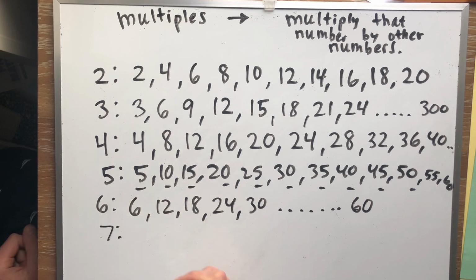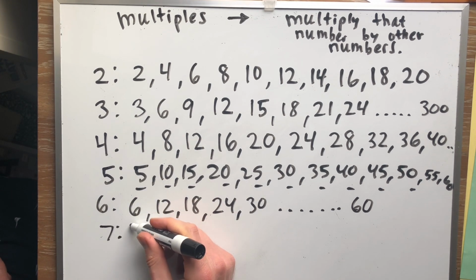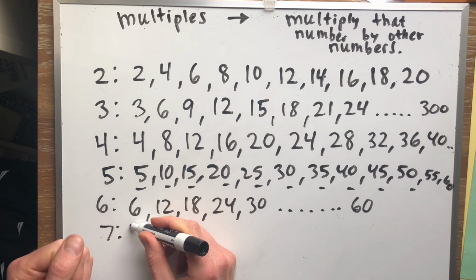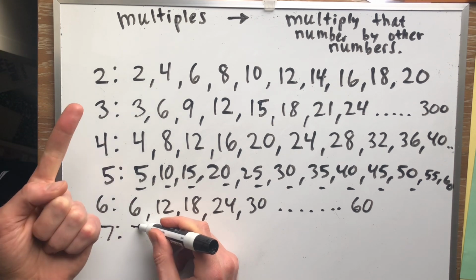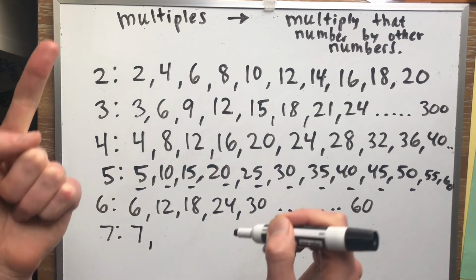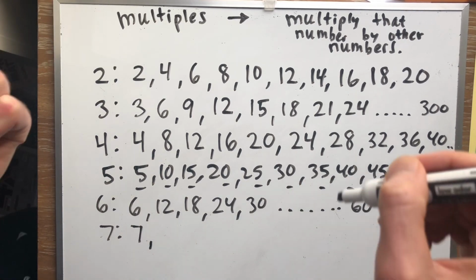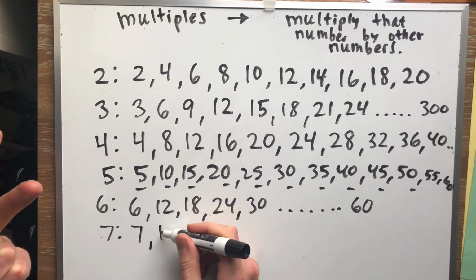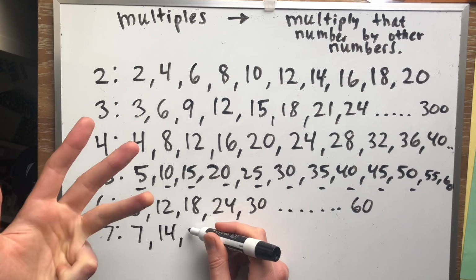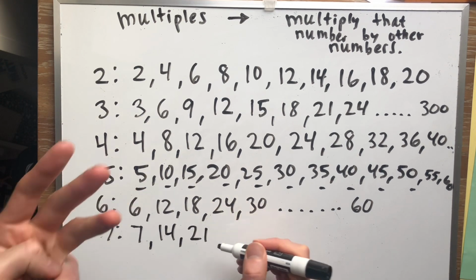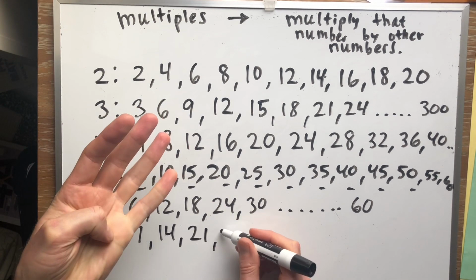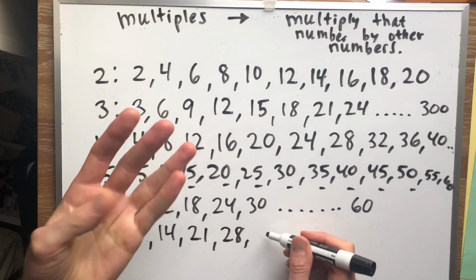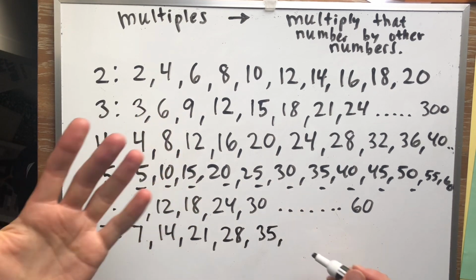What about 7s? Well, you know the first one, right? Because if you only have one 7, what do you have? You got 7. 7 times 1 is 7. 7 times 2 is 14. 7 times 3, 21. 7 times 4, 28. 7 times 5, 35.